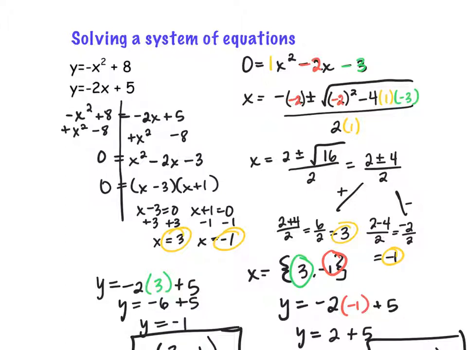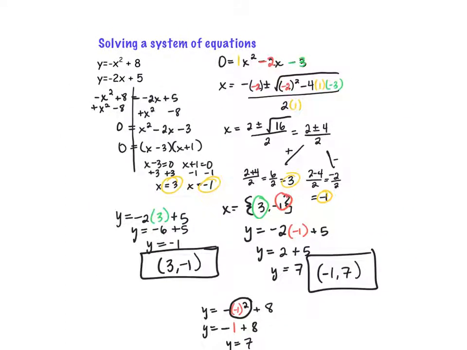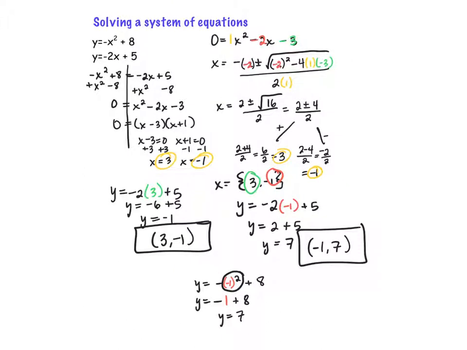All right, so that concludes this extremely long video on solving systems of quadratics. Just a couple of things: if you have two equations here, remember you need to get them in standard form. If you have a factored form one, you have to multiply it out and get it in standard form.